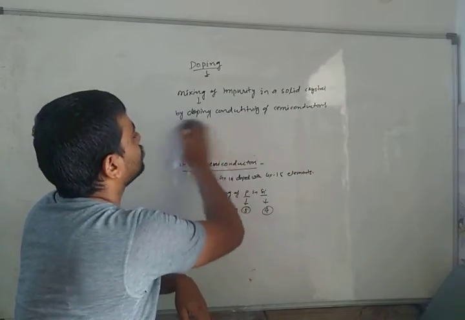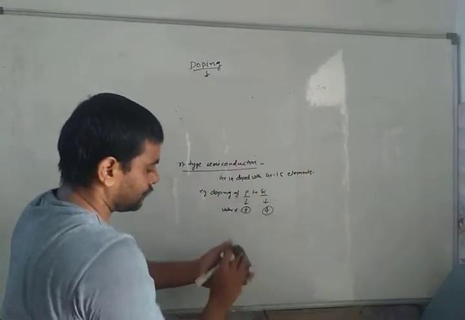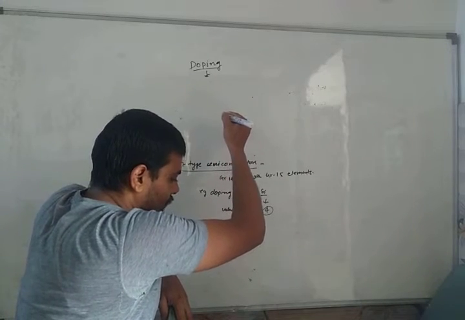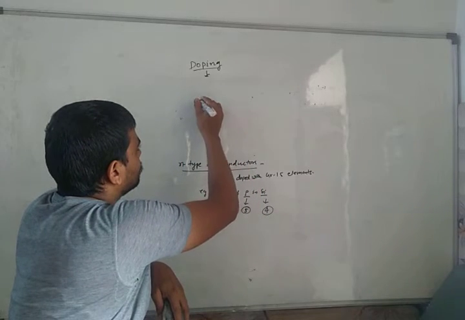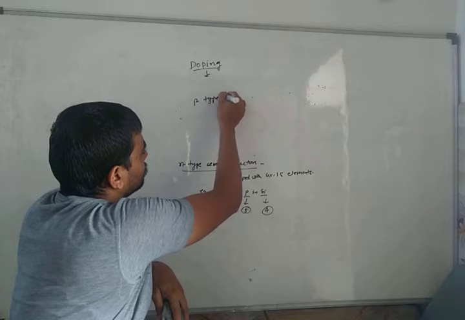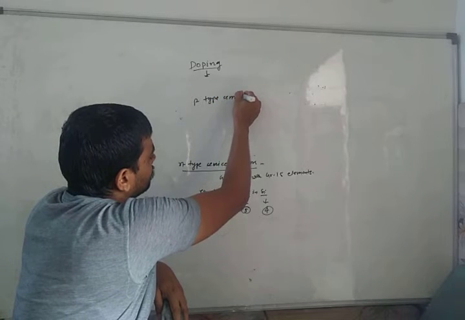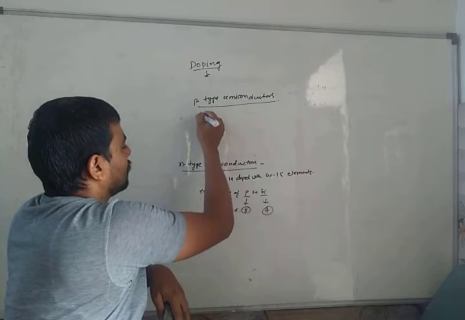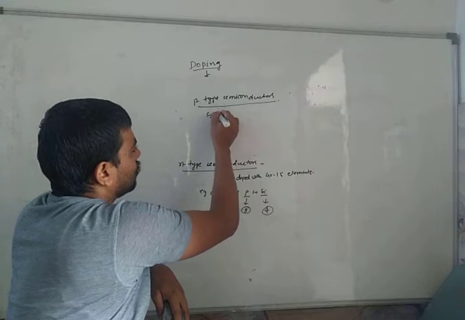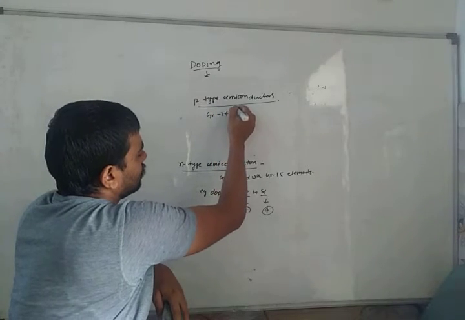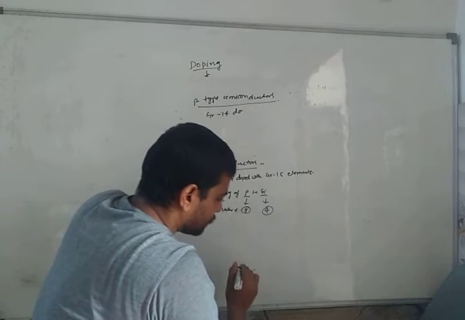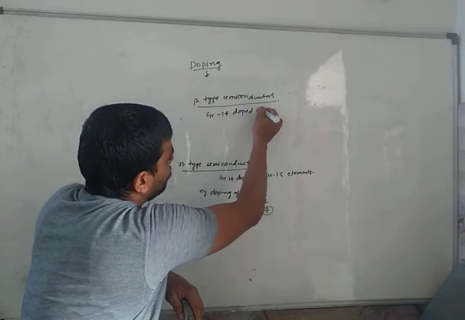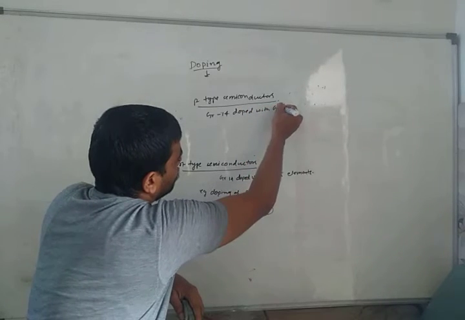When group 14 is doped with group 13 element, it is a p-type semiconductor.